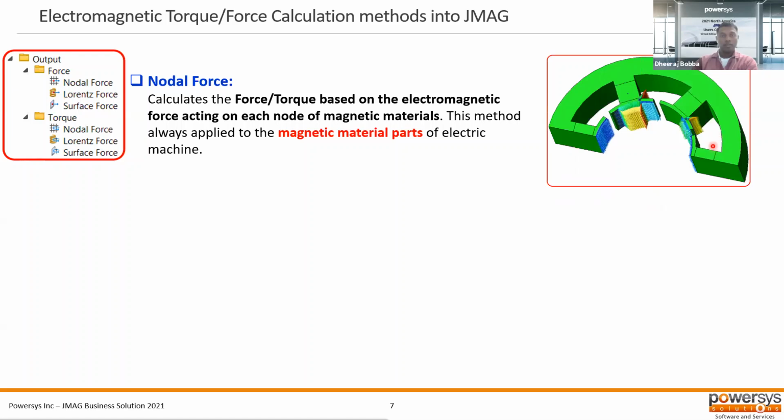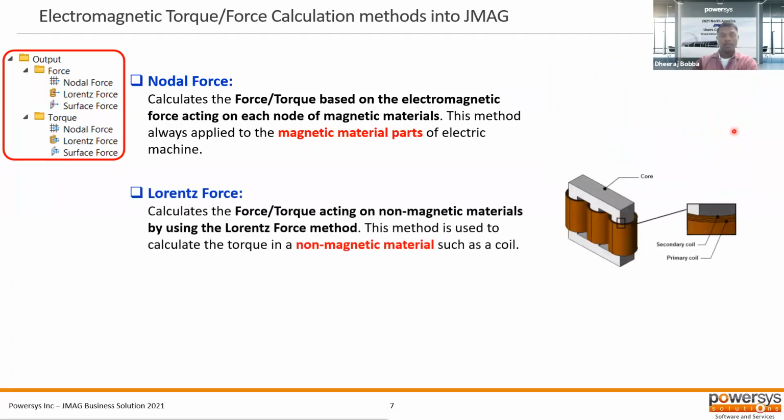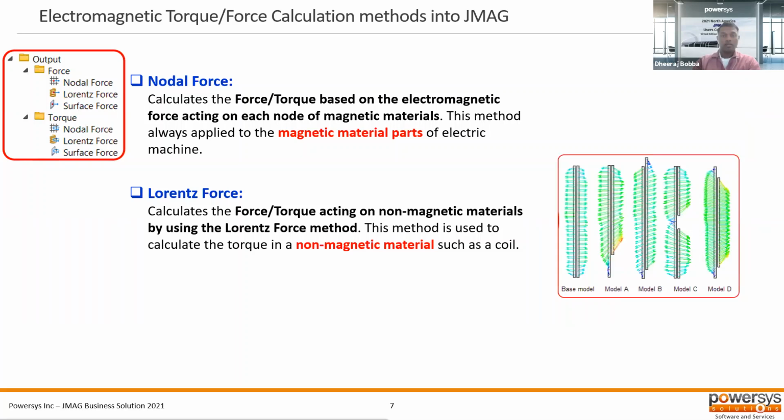Looking at a vector plot of the magnetic force, this is how it looks on the surface of the stator. Then we have Lorentz force, which can be used to calculate force on conducting material, or essentially non-magnetic material, such as a coil. In this case, we're looking at a transformer and an example of the output, a vector plot of the distribution of Lorentz force.